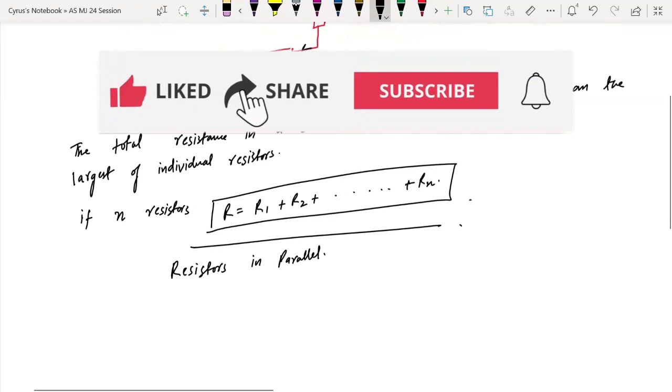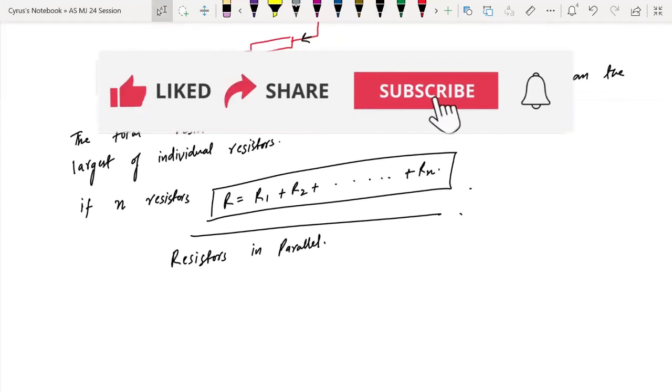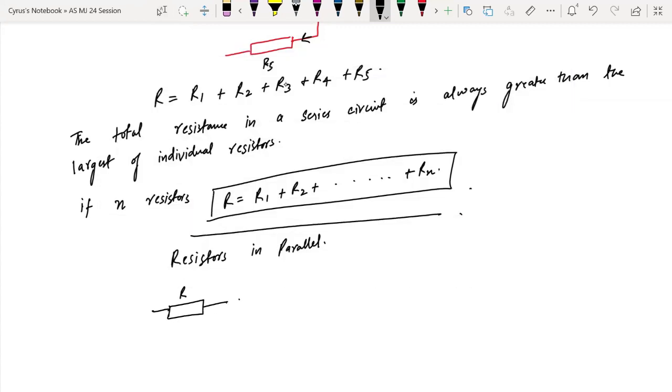And what happens is that, for example, we have here a resistor like this, and we have a parallel combination, so that we attain this sort of scenario, right?